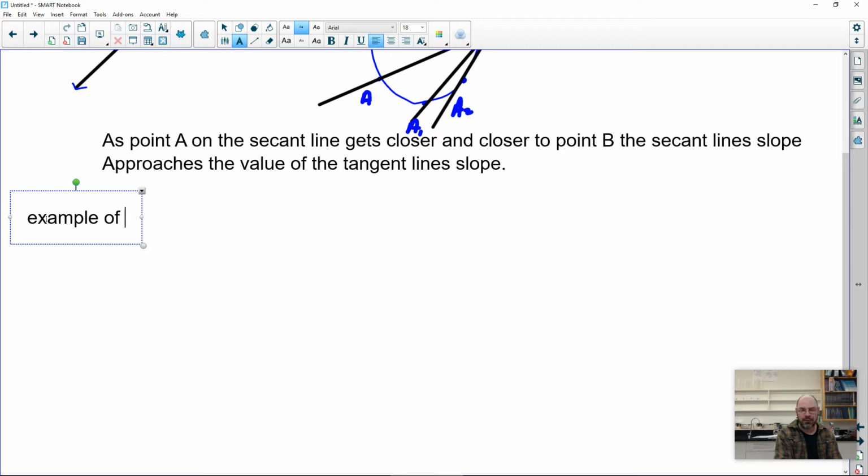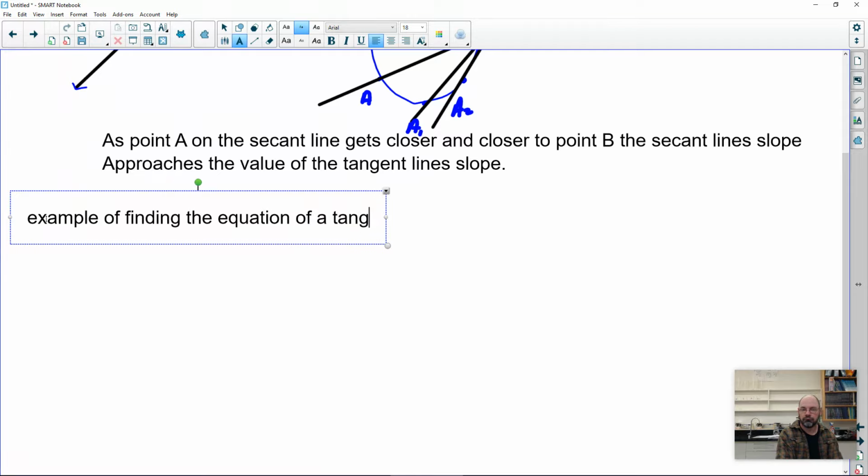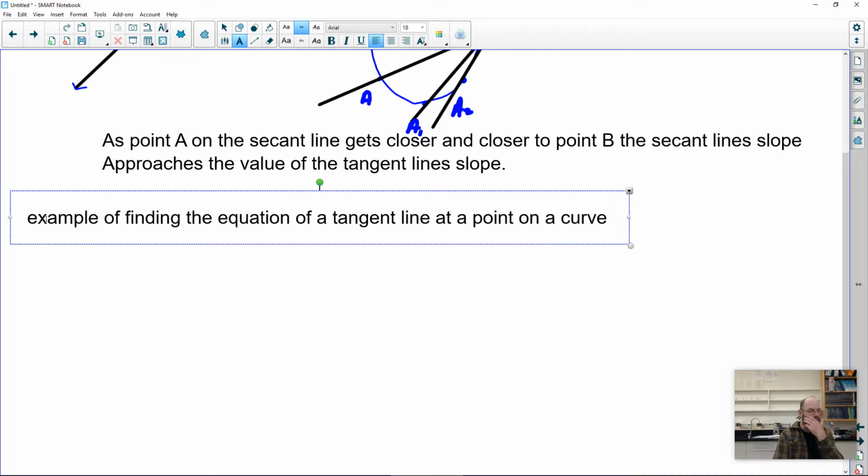Okay, so we're going to do an example of finding the slope of the tangent line at a point on a curve. And you're going to need to know the slope as well.